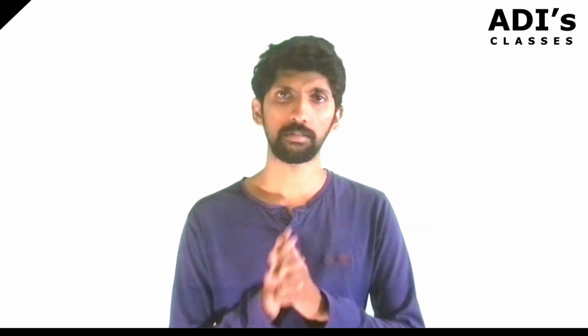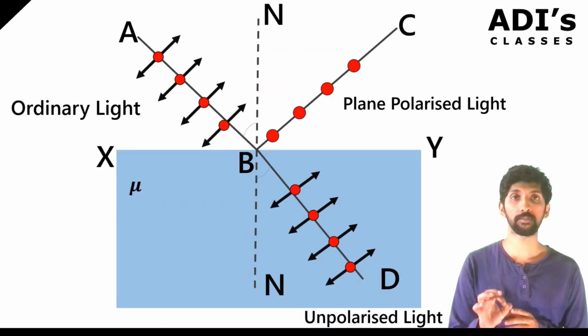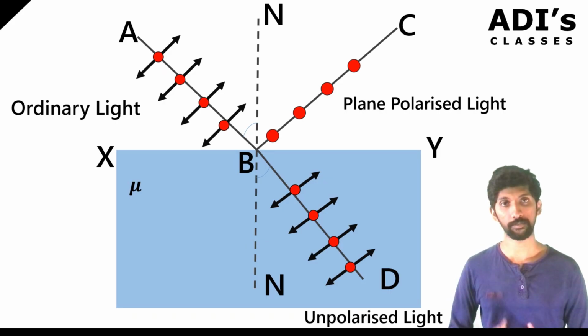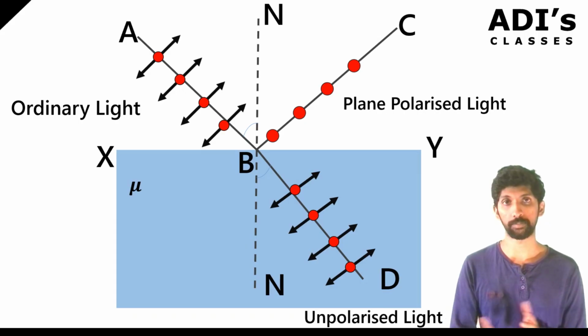We are looking at a normal glass slab or some other material where refraction can happen. Let me tell you one thing. Whenever refraction happens, a part of the light will also get reflected and a part of the light will also get absorbed. So it won't be 100% refraction. The same thing goes with reflection also, actually speaking.